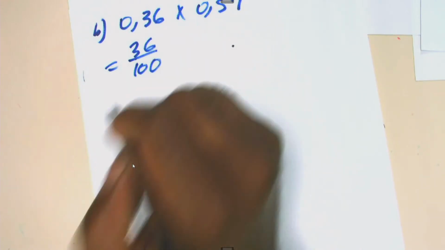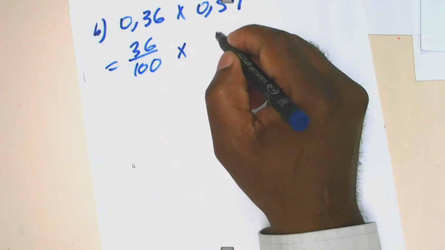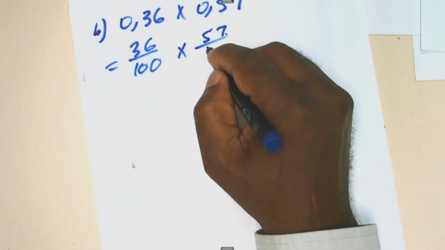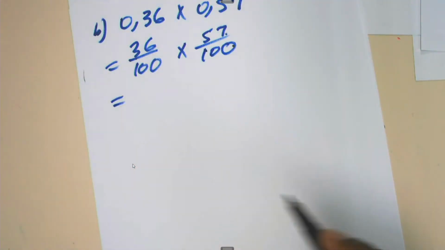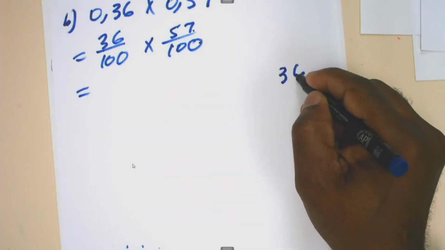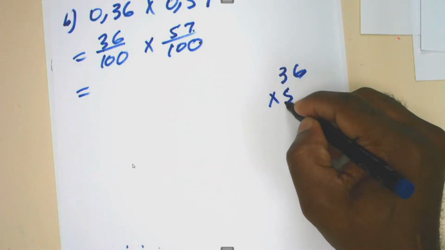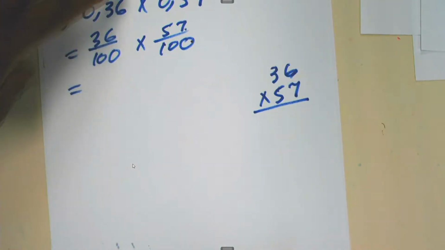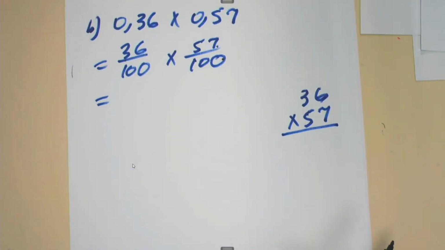The same, we know it's 36 hundredths. We are using common fractions to find it, and then multiply by 57 hundredths. Then what is it going to be? 36. Now when you are at home, you can just use a calculator to make sure that you've got it right, ne? Just check it by using a calculator. It is also allowed.